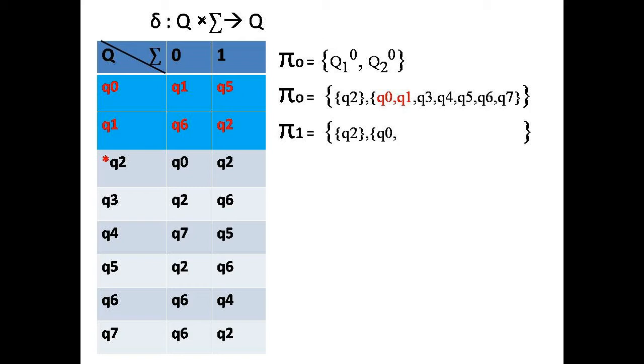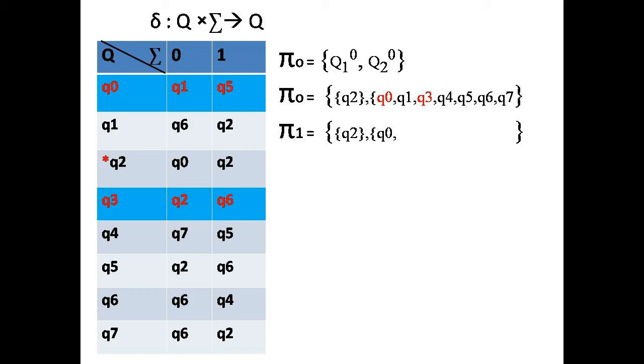Q1 and Q6 are in the same set in pi 0. On 1 input symbol, they go to Q3 and Q2. Here Q3 and Q2 are in different sets in pi 0. Therefore Q0 and Q1 are not 1 equivalent.